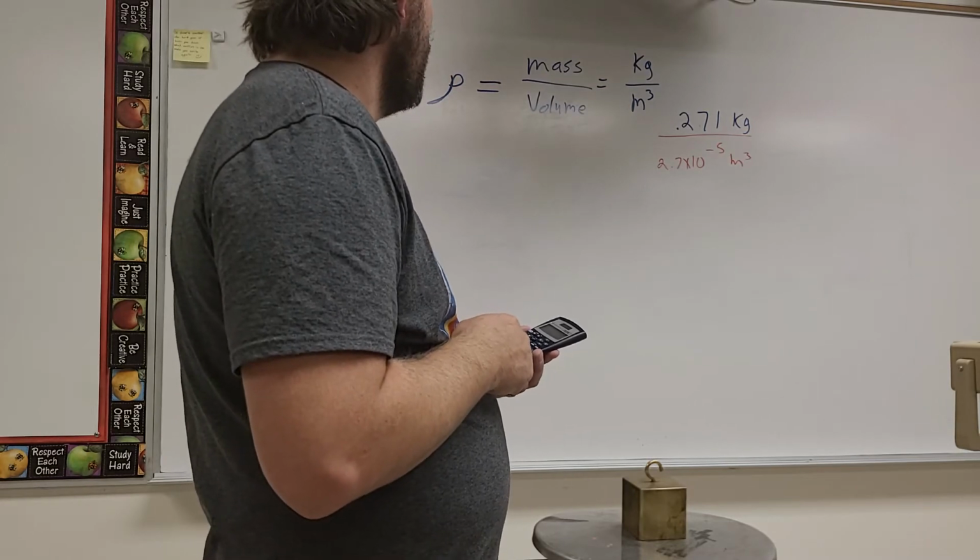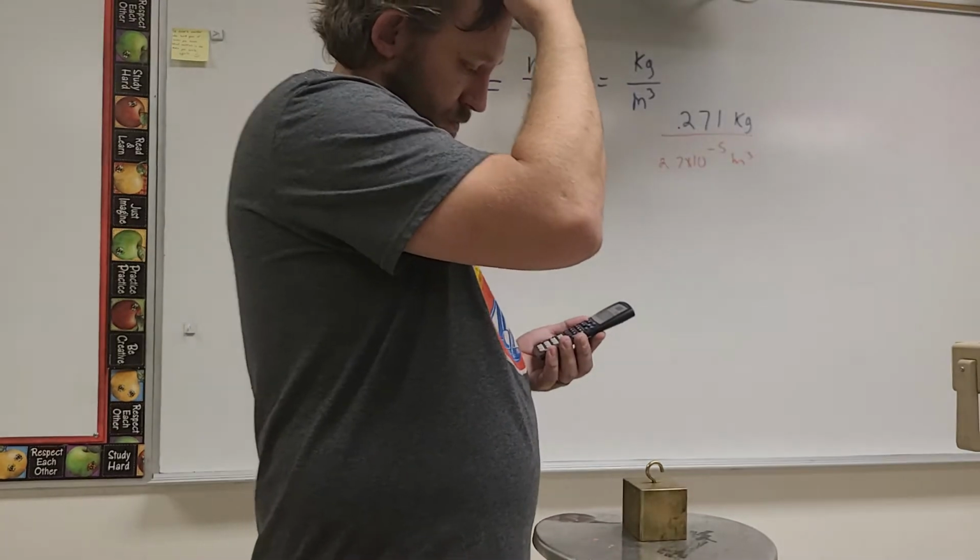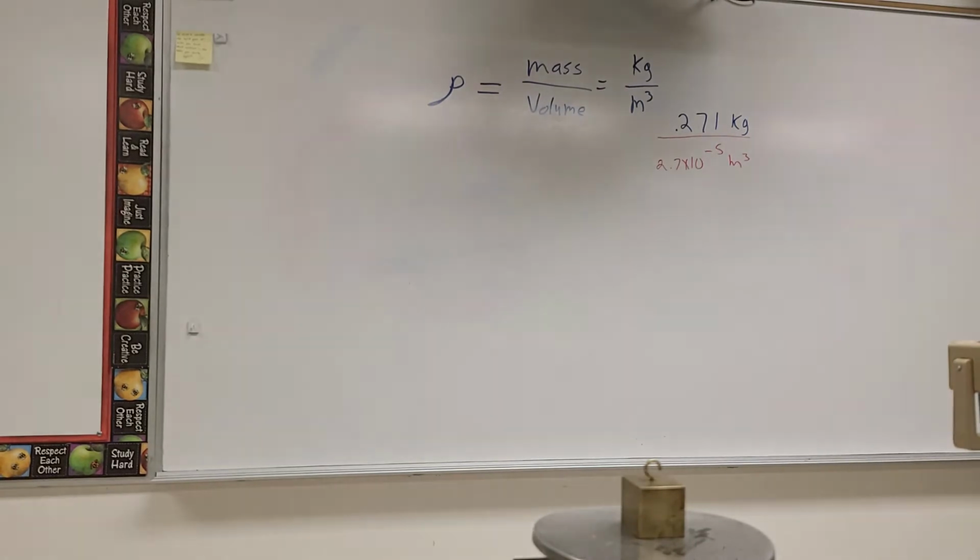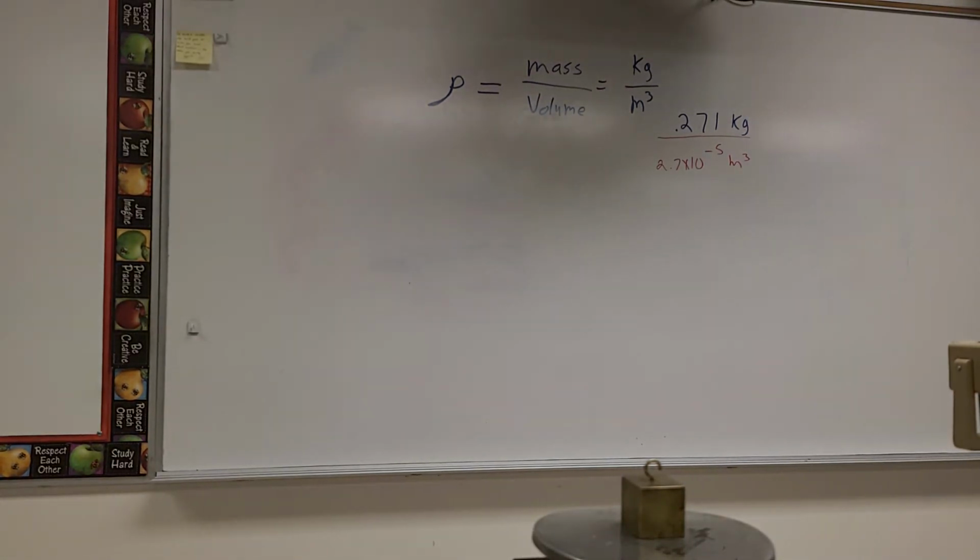What did I do wrong? Okay, and so now I'm going to quickly look at a density of metals chart. Oh, I get it. It's usually in grams per cubic centimeter.